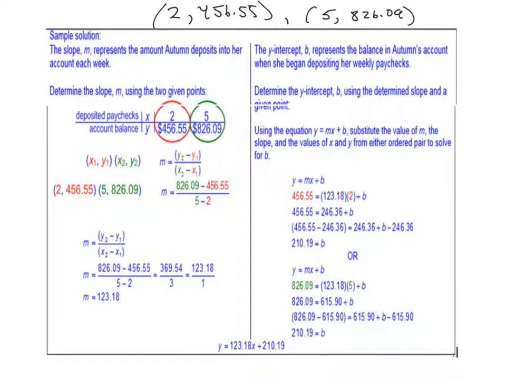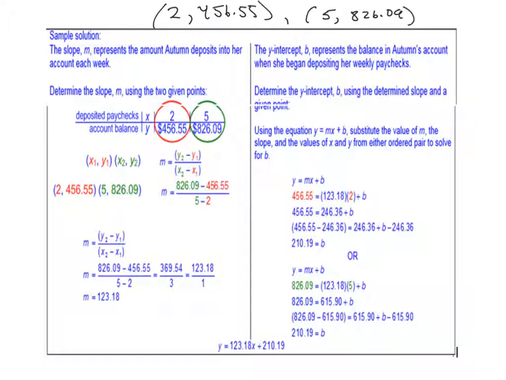Now, once we do that, we just go back in and use the m that we solved for, 123.18, and the b that we solved for, and say that our equation is y equals 123.18x plus 210.19, and that's what the equation of the line would be. Notice here at the bottom, the author went on and used the other point just to prove to you that either one of these would work.